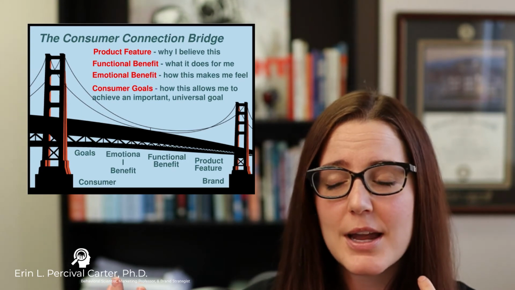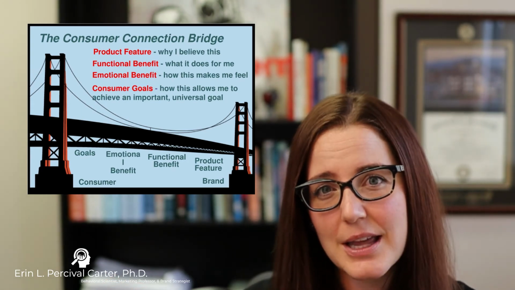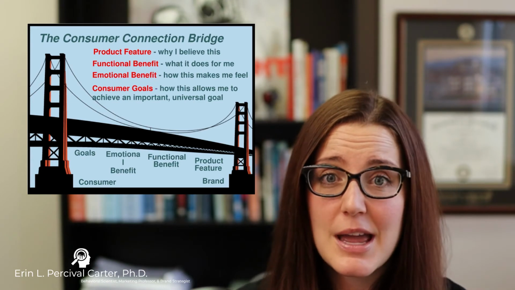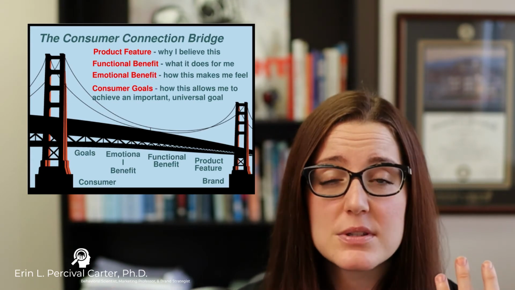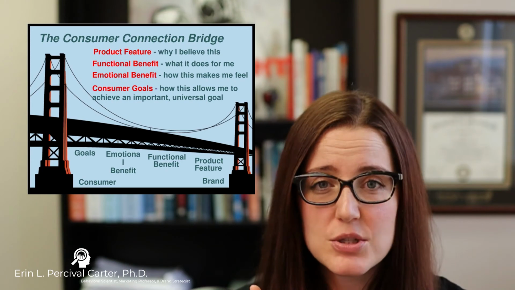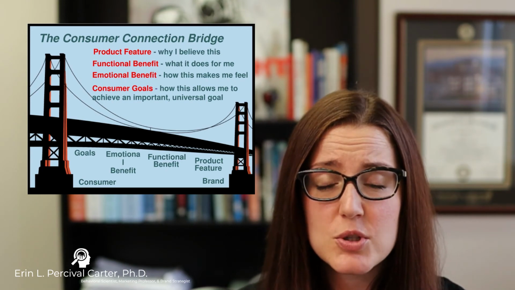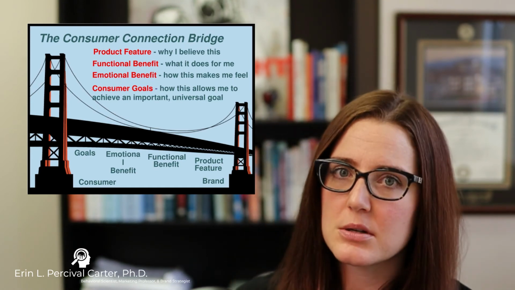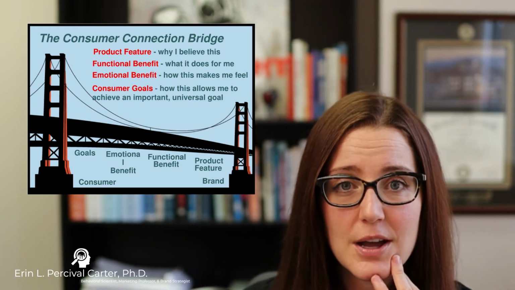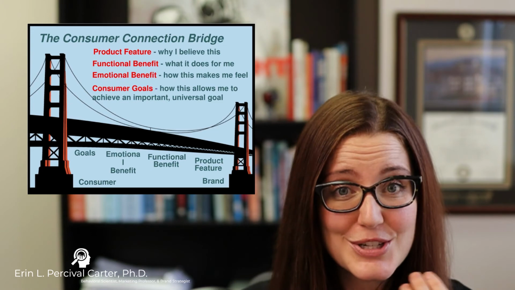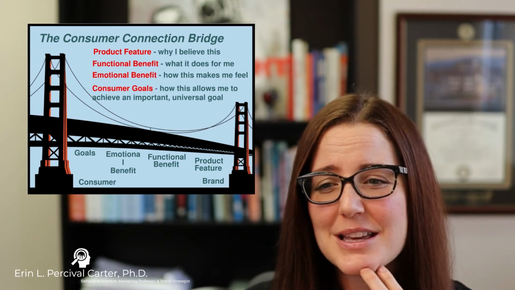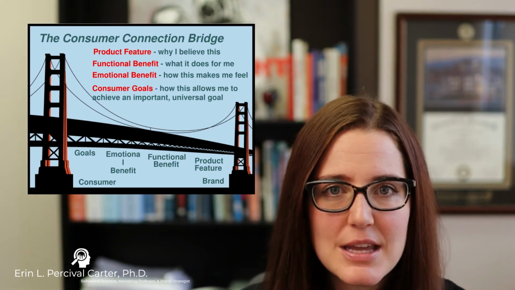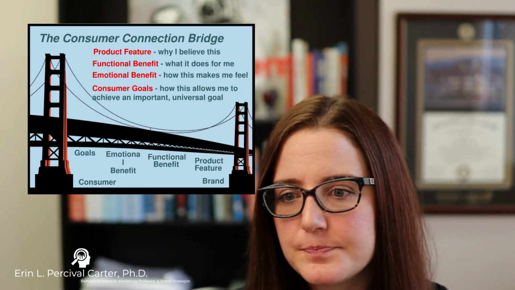Now we're going to try to draw a direct link in the consumer's mind between the features of the product or the brand and the consumer's goal, so that the consumer starts to see what we have to offer, whether the brand or the product in a sales situation, as directly aiding their goal pursuit.